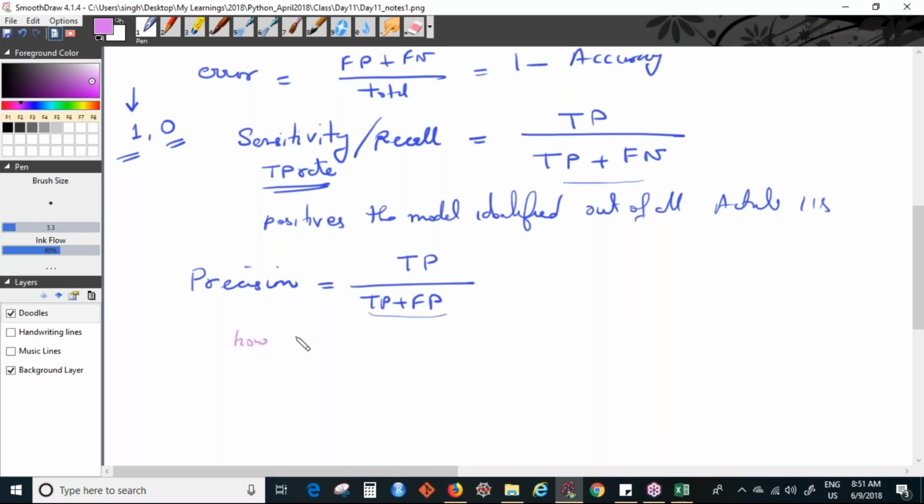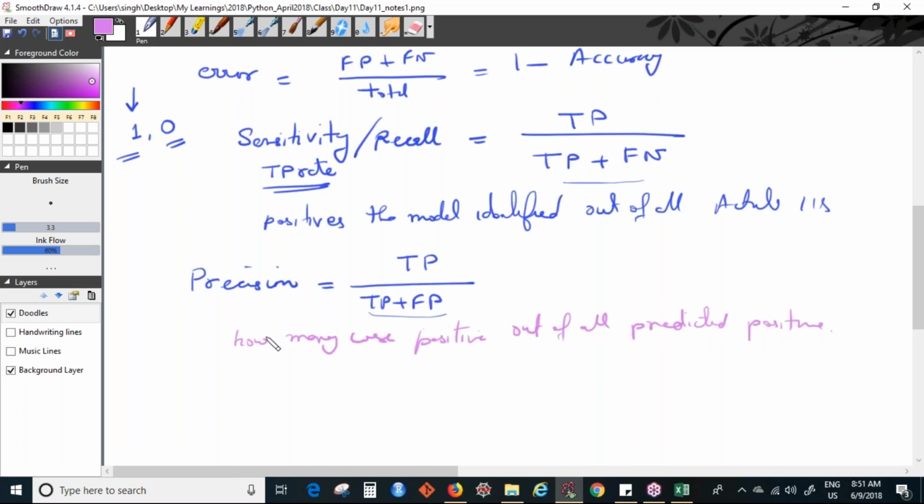If I have to write it down, how many were positive out of all predicted positive?